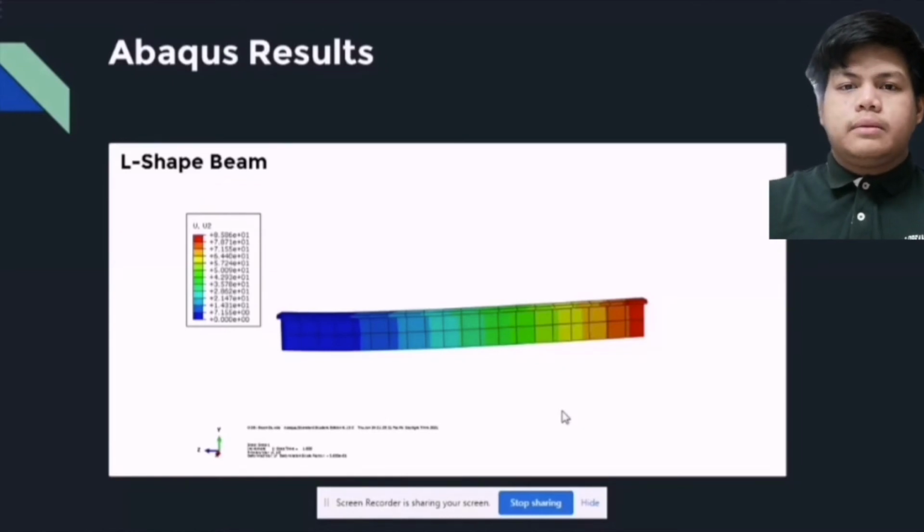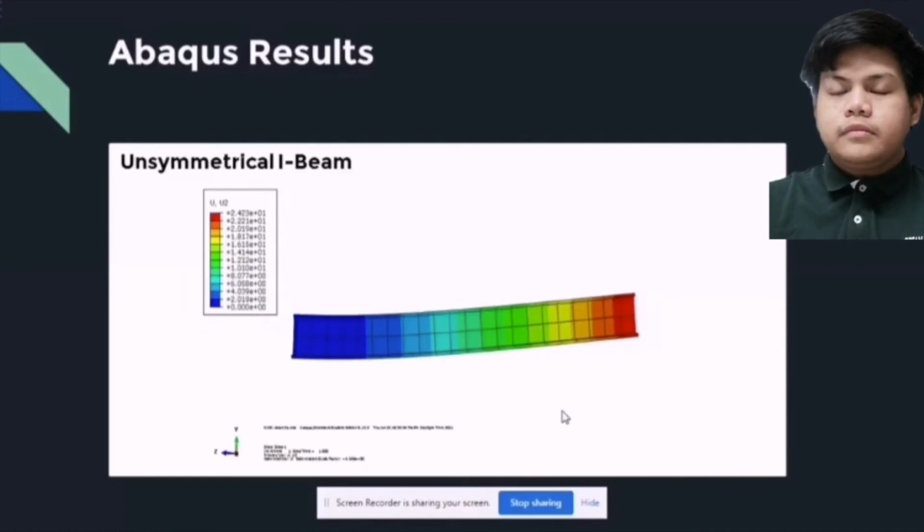So these are the Abaqus results. As you can see, for U2, we have the maximum deformation of 8.586 times 10 to the power of 1 millimeter. And then for the unsymmetrical I-beam, we have 2.423 times 10 to the power of 1 millimeter.